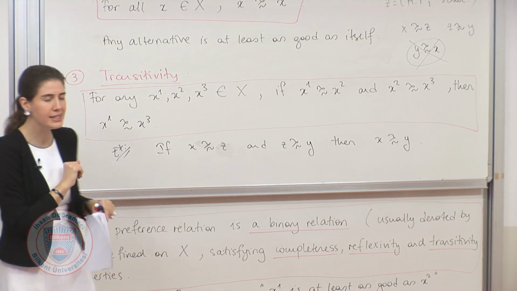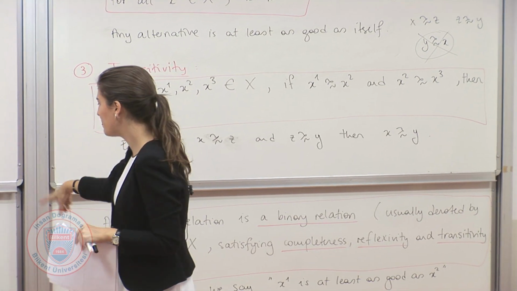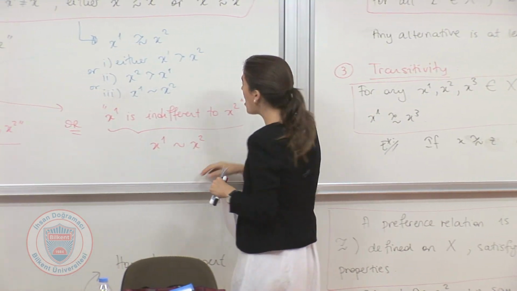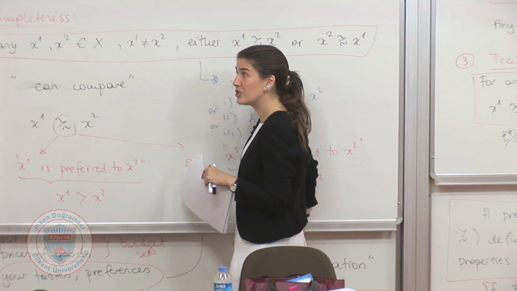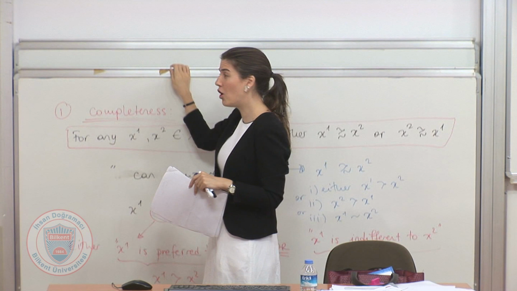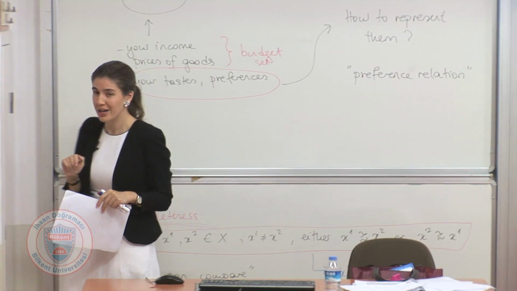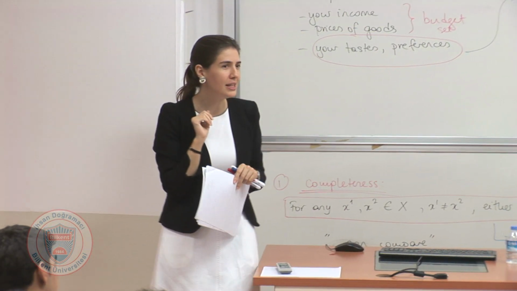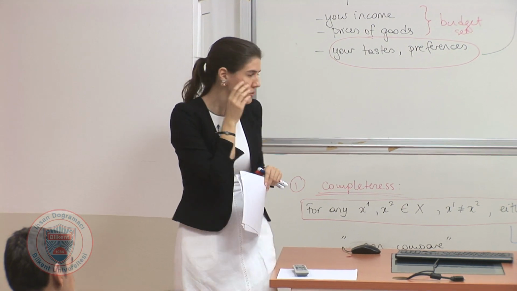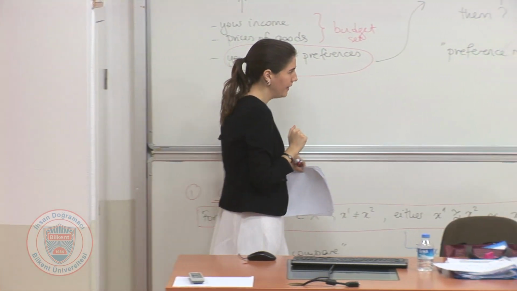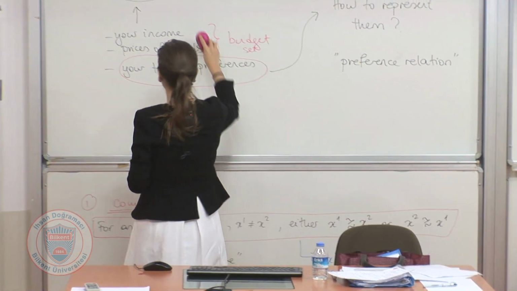Because you see that this preference relation and these properties are very much related to the concept of, probably you've heard, rationality and rational agents, okay? I'm going to write down what it means again, and then I will explain.